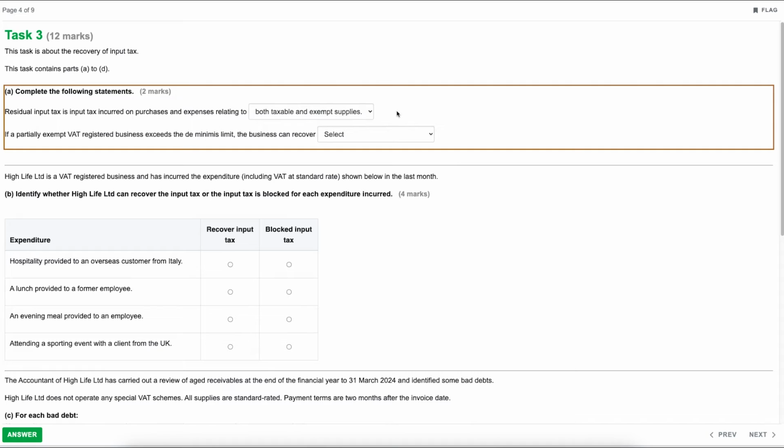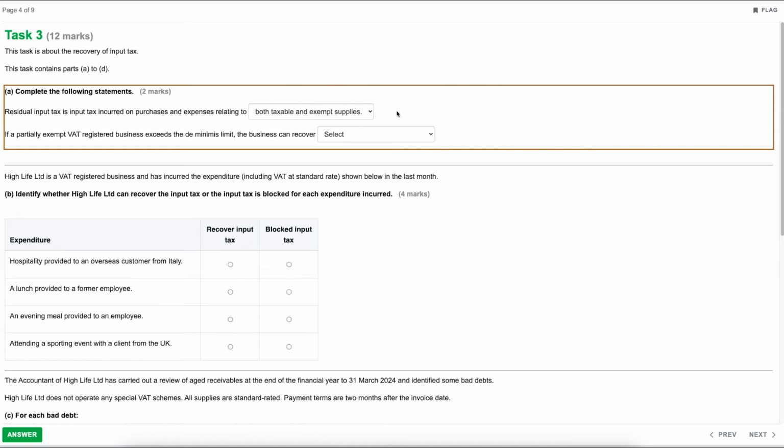It's basically, if you had overheads within your business, so obviously this applies to a business where they make both exempt and standard rate supplies, or should I say exempt and taxable supplies. Now if you make both of them, there's going to be certain costs with input VAT that cover both.